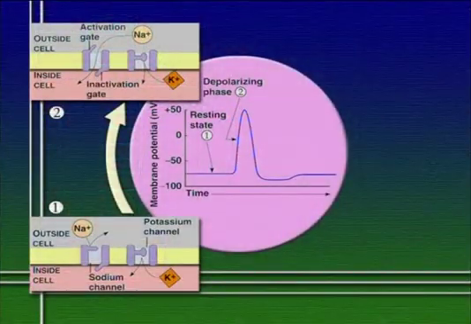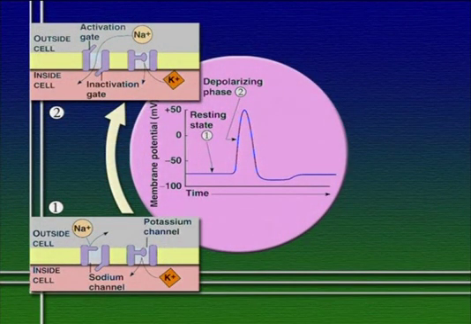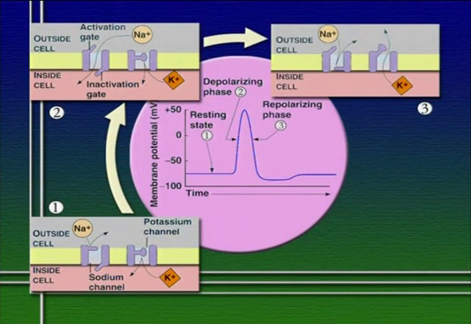Now, remember also that these sodium voltage-gated channels don't stay open very long. They only stay open a millisecond or two. So what that means is that very shortly after all these sodium voltage-gated channels have been opened, they snap shut. All of a sudden, the permeability of sodium comes crashing down.